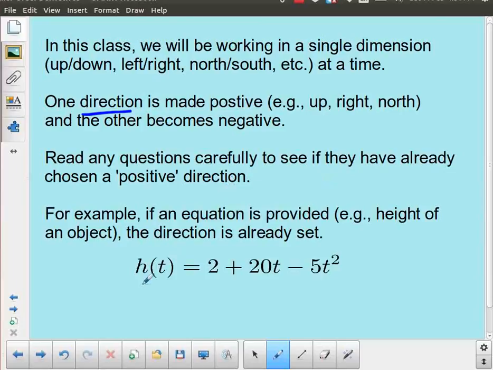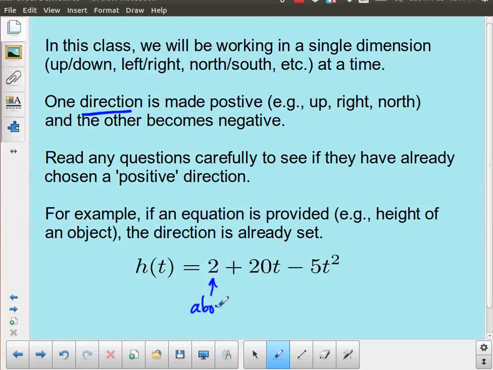So here's an example of an equation. This is an equation that describes the height of an object being thrown into the air. And in this case, the important thing we want to look at is the initial condition. There are actually a couple things to look at here, but the easiest one is the initial condition. If we're throwing something into the air, if we're standing on the ground, then here we have an initial height of 2.